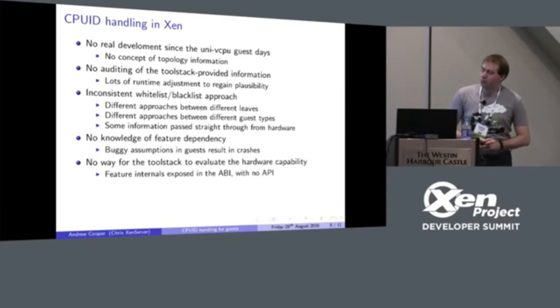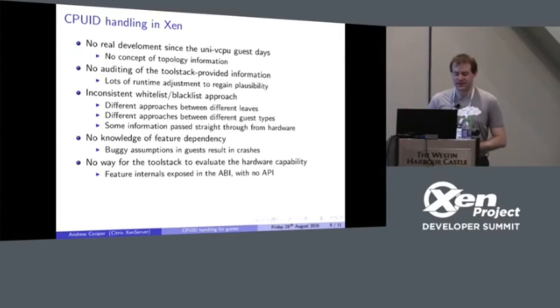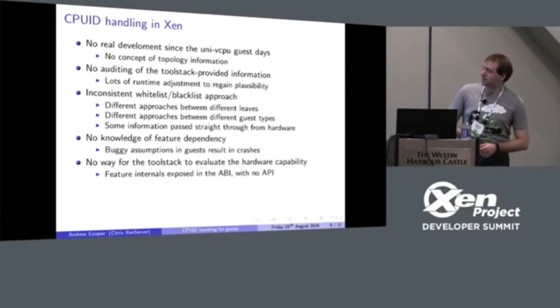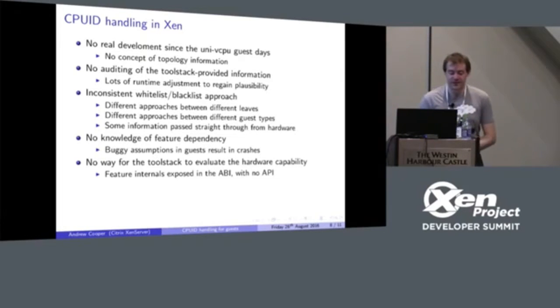There was also no way for the tool stack to work out what was going on. Certainly in the Xapi tool stack, there was a bit of rather hairy logic that tried to execute CPUID and grab some information from the hypervisor and post-process it back into something that looked plausible, except it didn't look plausible. So there's no useful source of information.